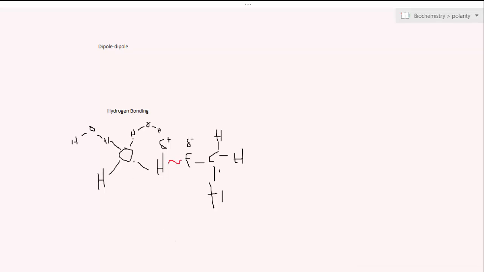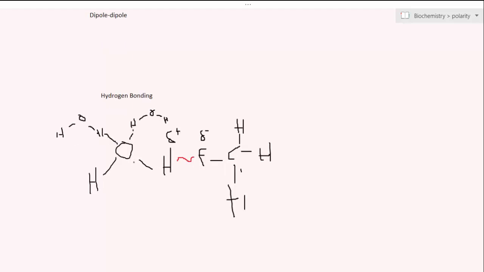And the electronegative atom bonded to the hydrogen is called, let me just delete those off, this is annoying.